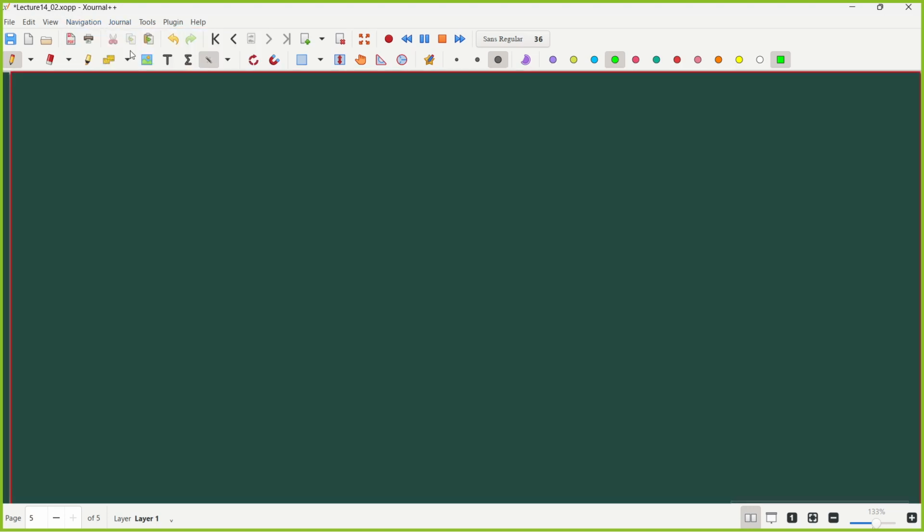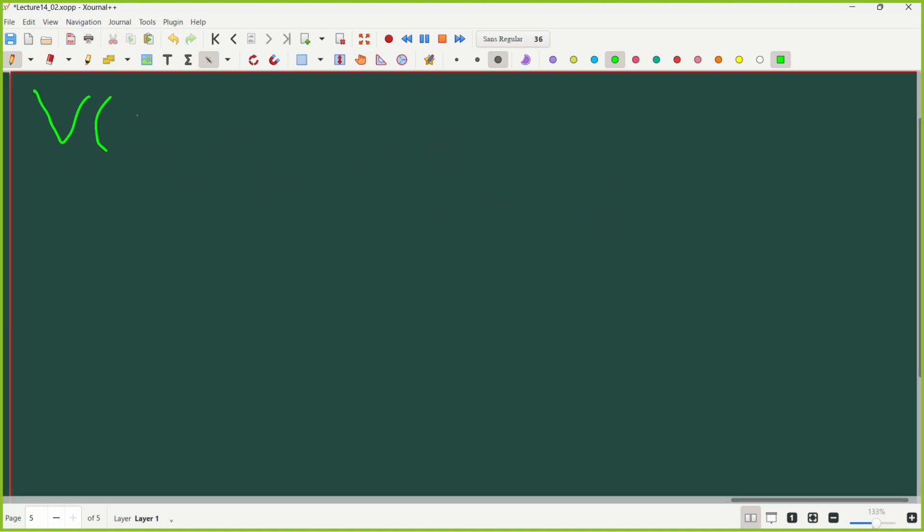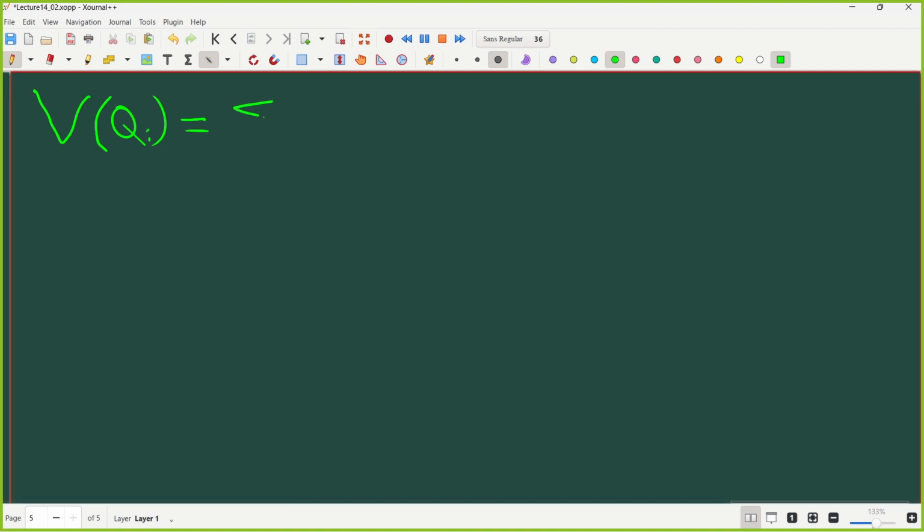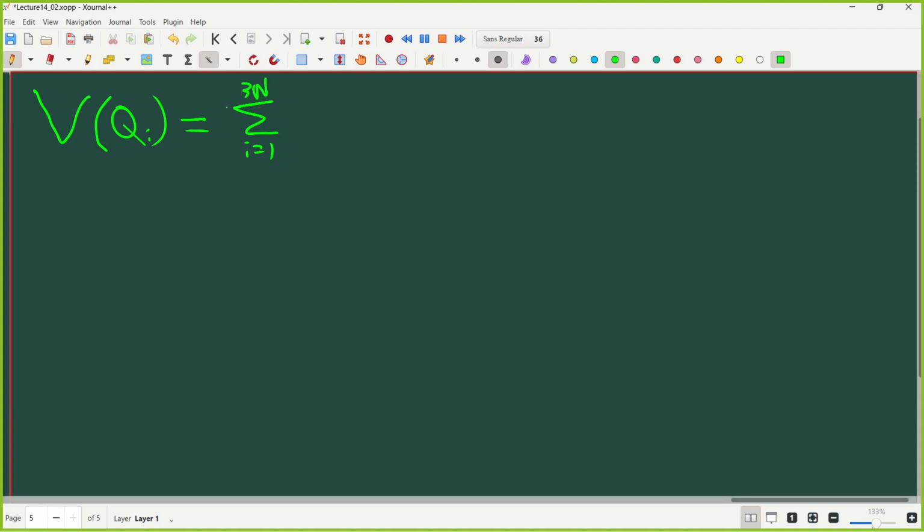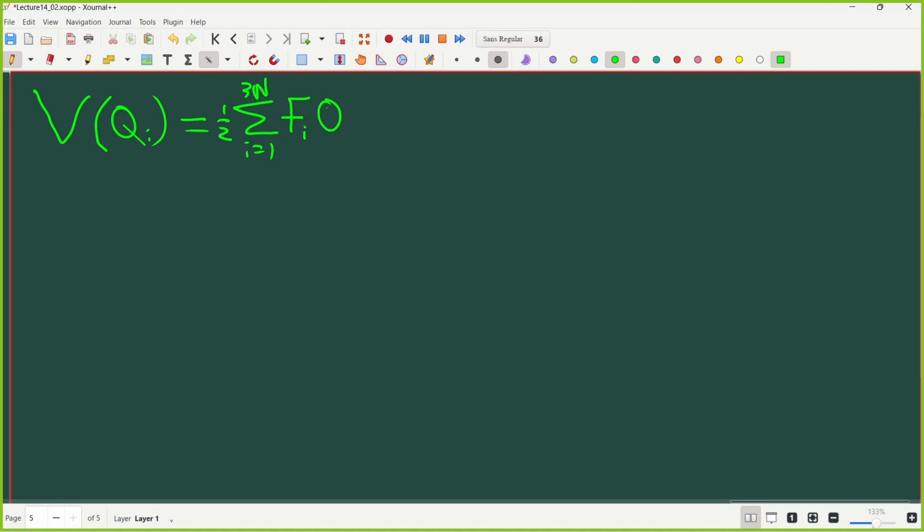All right, we are almost there. So that means now that the potential for our system, V sub q, is equal to a sum for i equals 1 to 3n of 1/2 times the force constant, F sub i, q sub i squared.